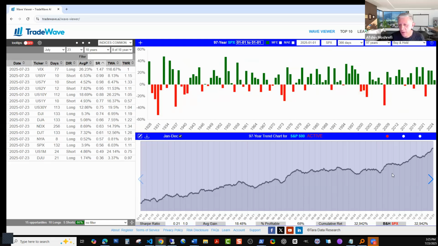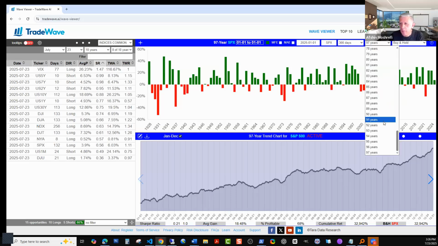So 2 out of 3 years, the S&P 500 ended up positive from beginning to the end of the year. That's all that means. But how about we filter it further? And I like to do it by presidential election cycle.